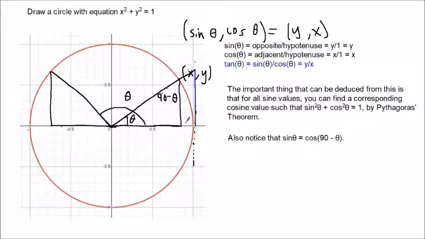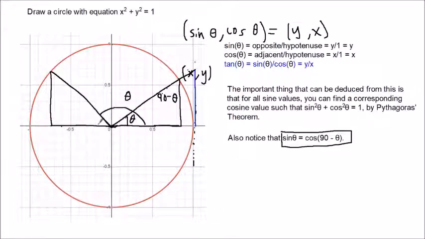So the important thing that you can deduce from this is for all sine values, you can find a corresponding cosine value. For example, with this identity, this is theta, this is 90 minus theta. You could tell that sine theta is equal to cosine of 90 minus theta, because right here you have theta, opposite over hypotenuse, and cosine of 90 minus theta, this angle, is adjacent over hypotenuse.